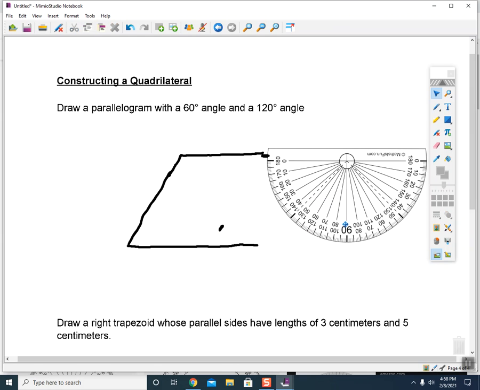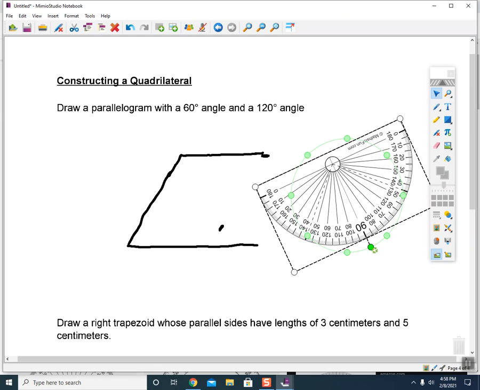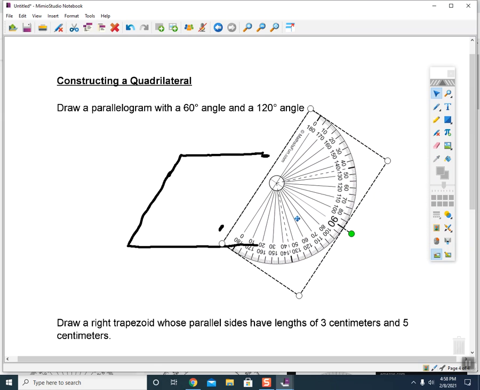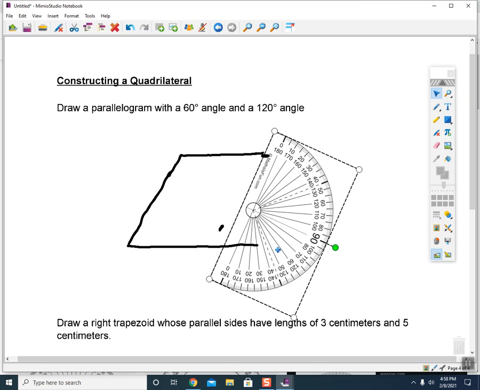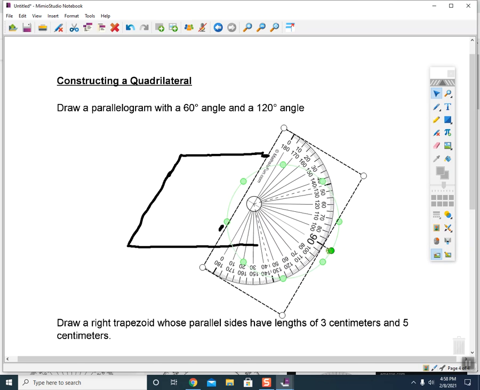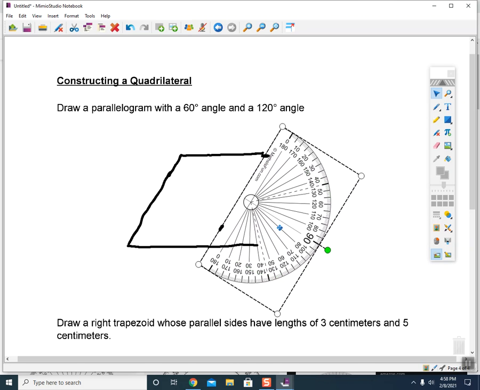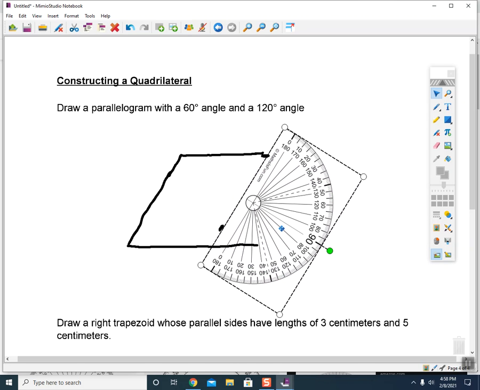And we will connect these guys. Okay, pretty close. So then I'll do my final little line right here.